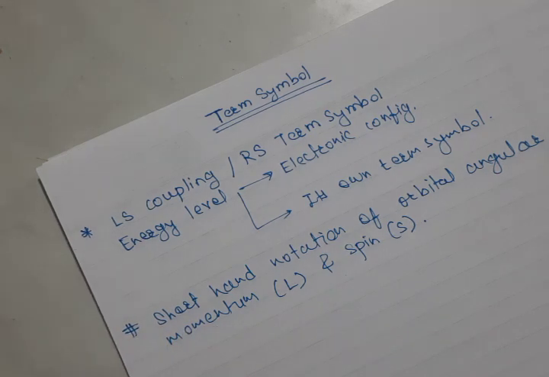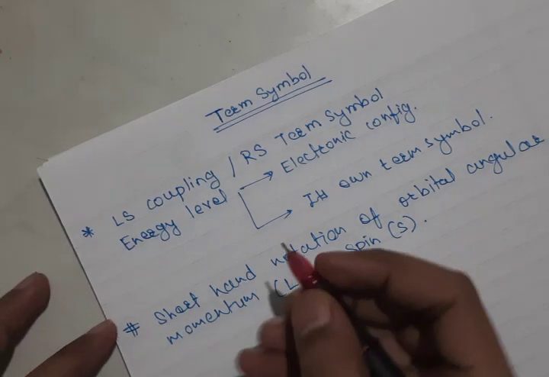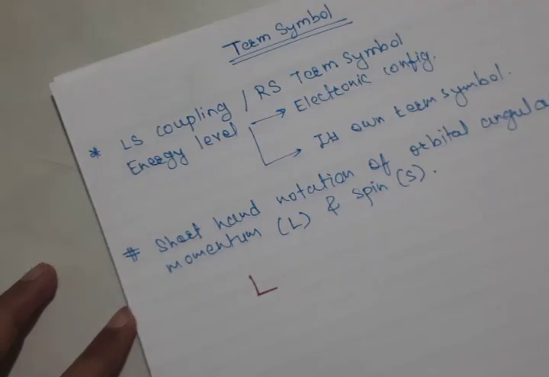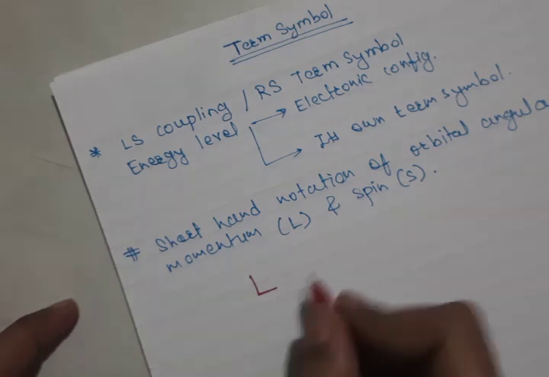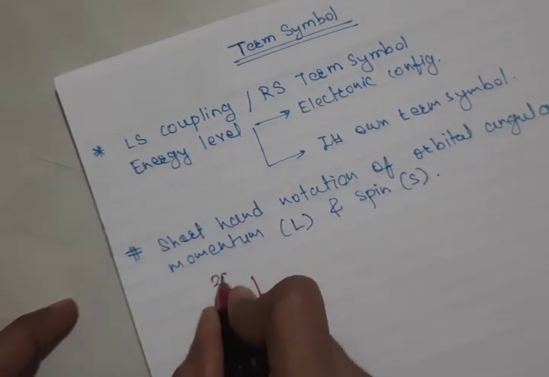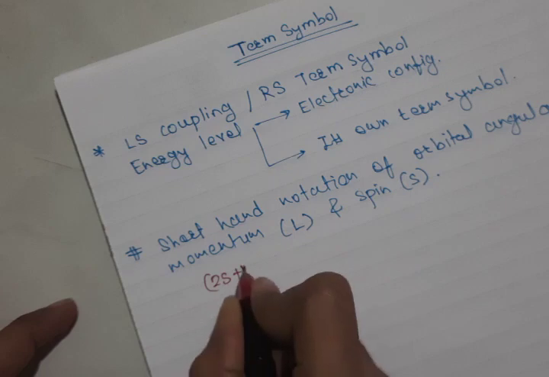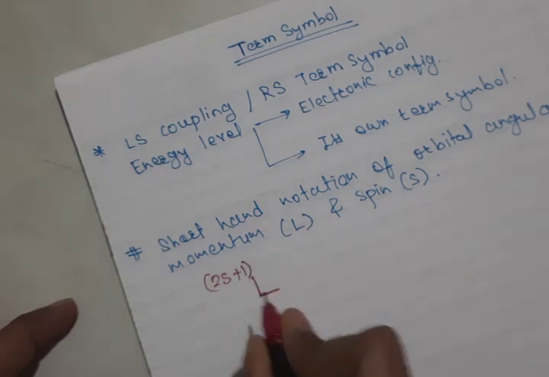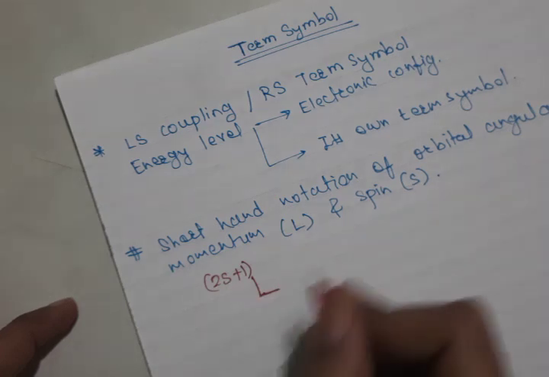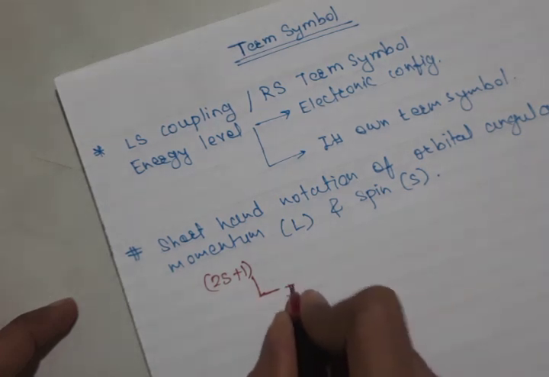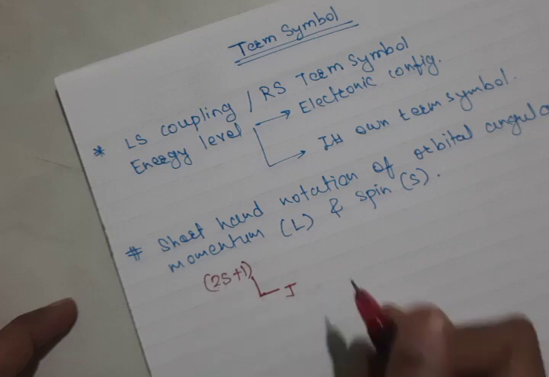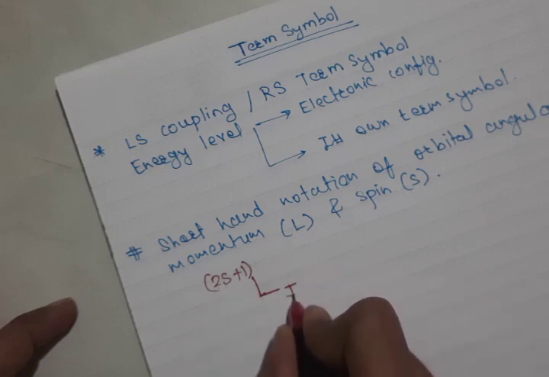The term symbol is represented like this. This is the L, which stands for the orbital angular momentum. Then this is the 2S plus 1, which is the spin multiplicity. And this is J. The 2S plus 1 is the left superscript, and this J is the right subscript.